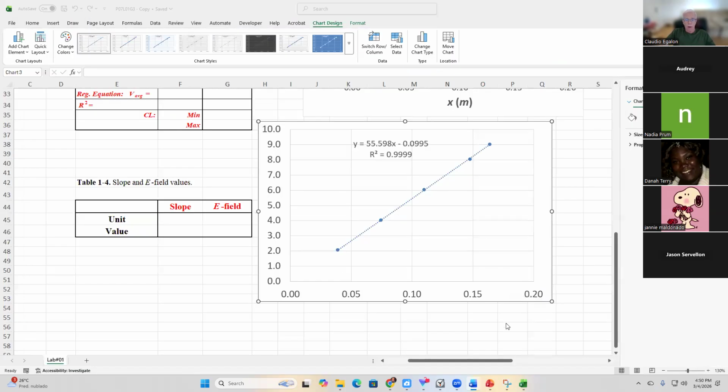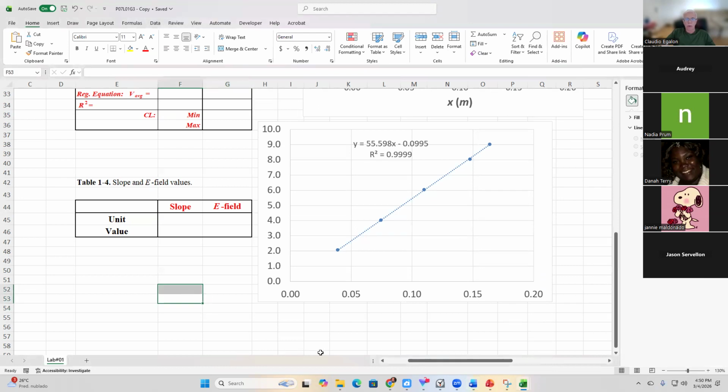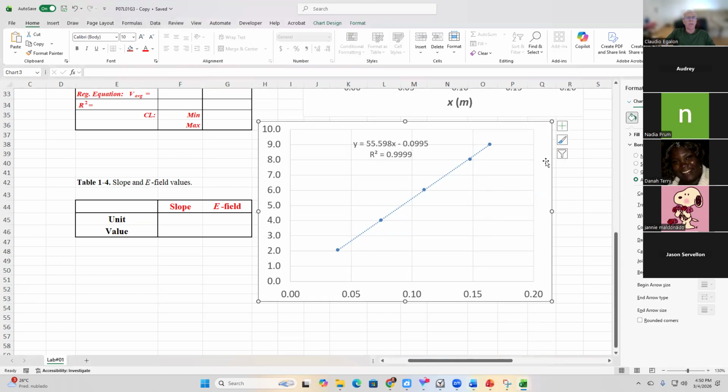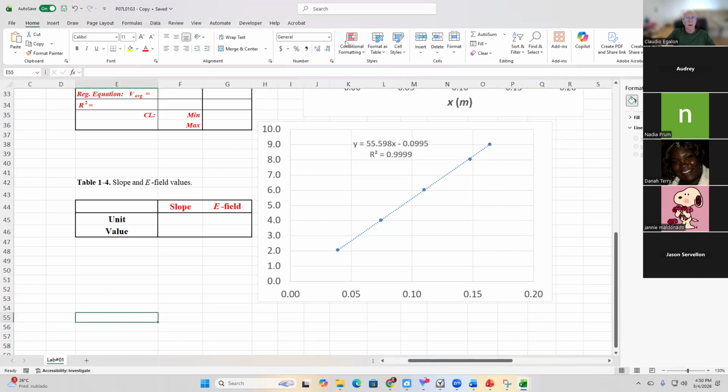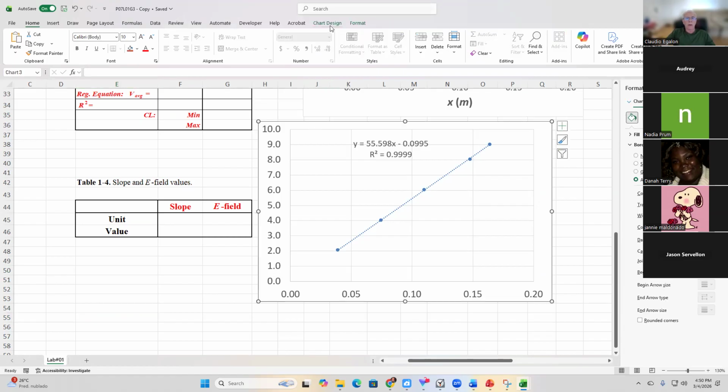So we got to do more, right? We got to put the title of the axis. Click the graph, chart design. If I unclick the graph, notice that the chart design and the other tab disappear, right? So you have to click the chart for it to appear.